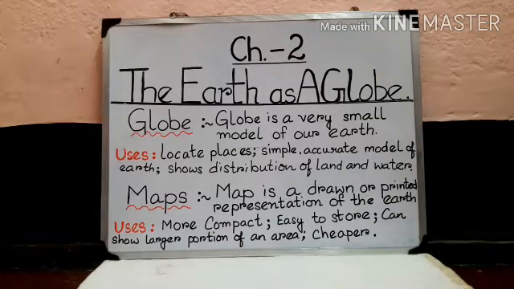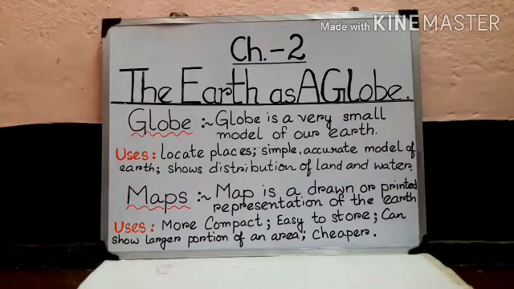A globe is also very useful for us as it is the accurate way to study the whole earth. The globe shows accurately how our earth looks. A globe is more visually satisfying as it depicts our earth. What does it mean?